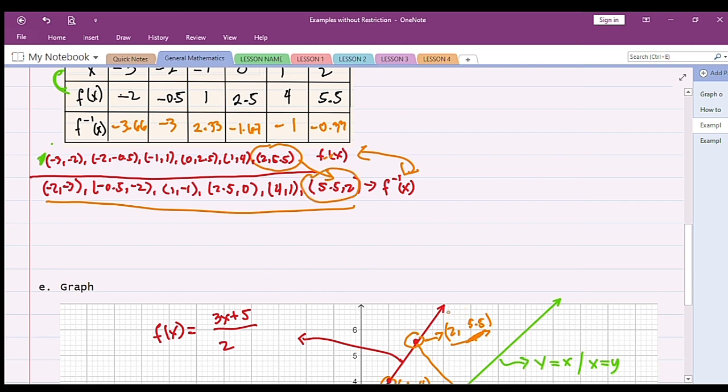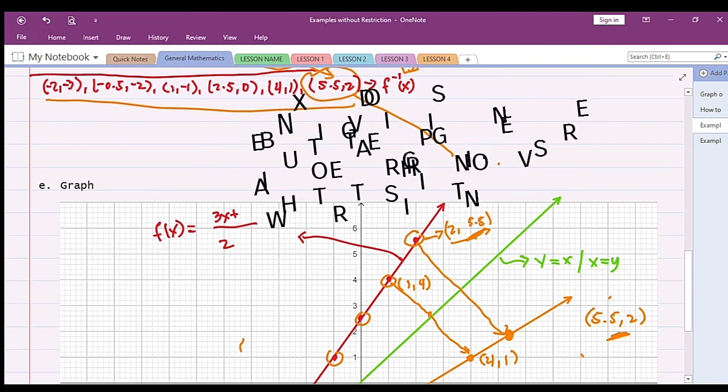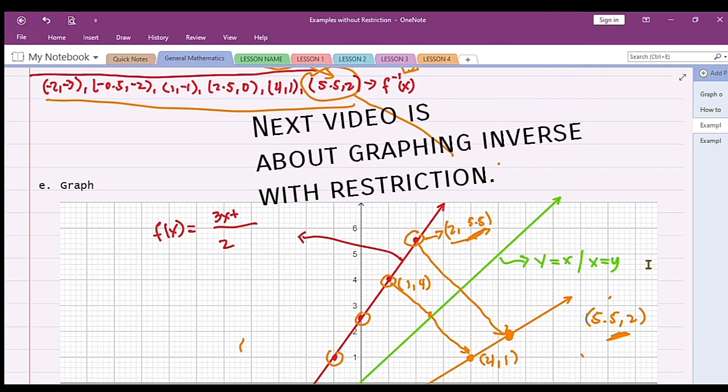Yung 2 and 5.5 is nandito, at yung 5.5 and 2 is nandun sa baba. Okay, nandito siya. So that is on how to graph this inverse of a function.